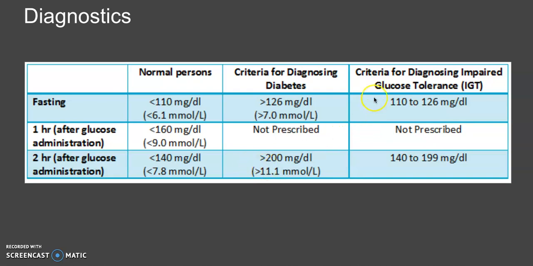We also have this column, which is impaired glucose tolerance, or maybe prediabetes. As we've alluded to, type 2 diabetes has environmental factors. So someone can be at risk for diabetes because they may have a high body mass index.